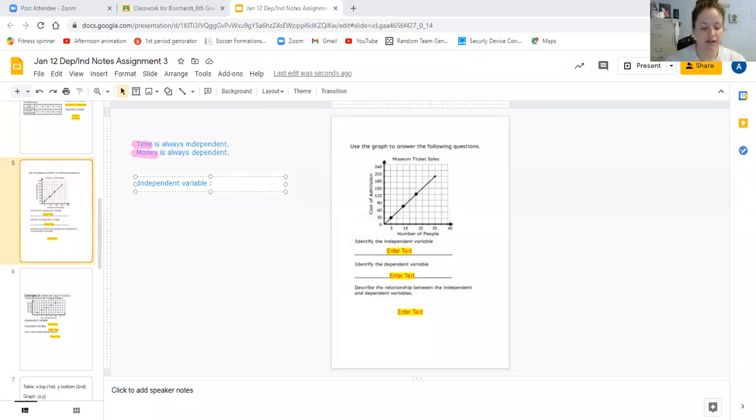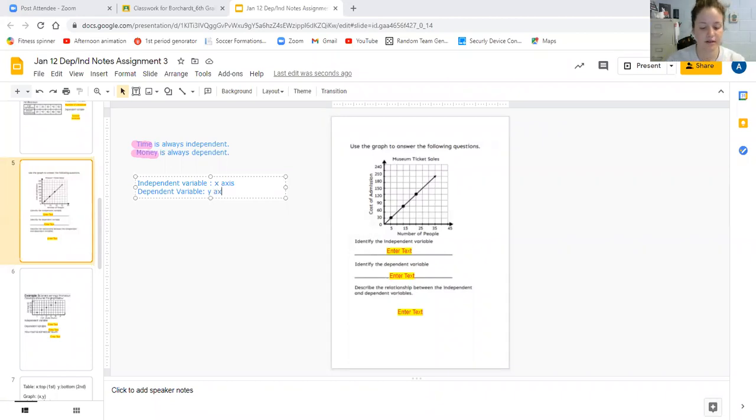X-axis is the independent variable. Very good. Okay, now if we're talking about our dependent variable, which axis is that, guys? Put that in the chat. Stephen? Y-axis. Very good.